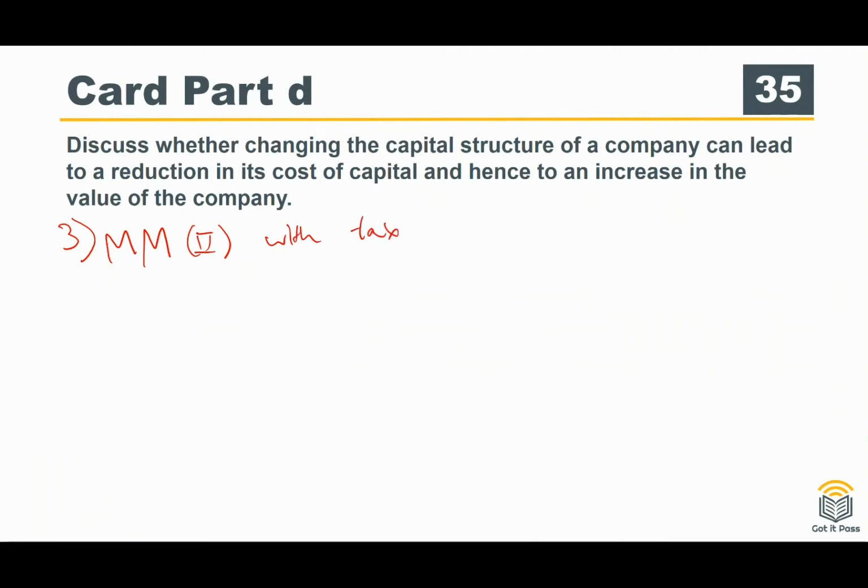Once with tax, there's an interest tax shield. Right? And there's no financial or bankruptcy risk.